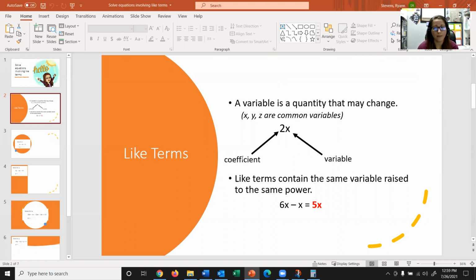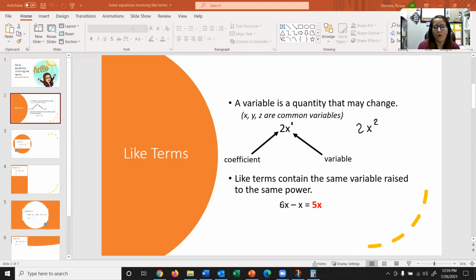You cannot combine those. They have to have the same variable. And in this case, which I know just says 2x, this is actually raised to the first power. Okay, so if you had something like 2x squared, you would only be able to combine it with terms that have that variable raised to the same exponent.